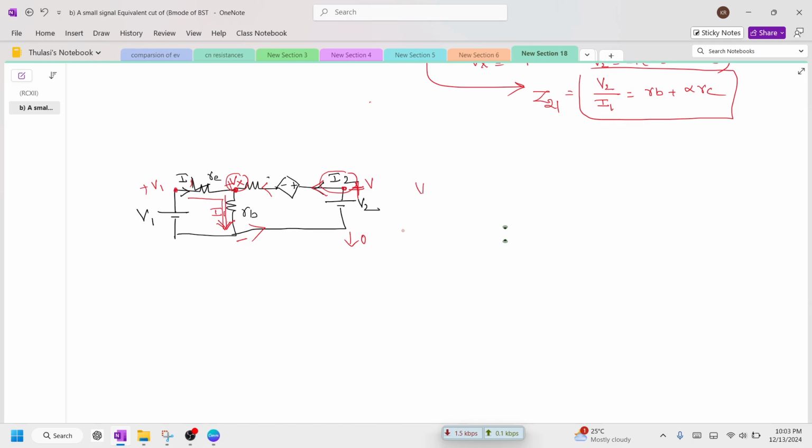Now we have V1 is equal to Z11 I1 plus Z12 I2, and V2 is equal to Z21 I1 plus Z22 I2. Previously we had made I2 as 0, now we will make I1 as 0. Therefore V1 by I2 is equal to Z12.